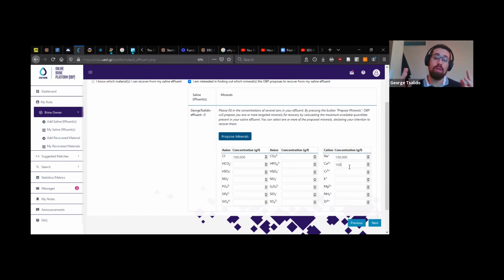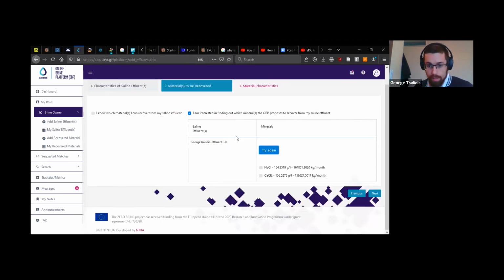Since I don't know what kind of minerals exist with a combination of those elements, I can ask the platform to tell me. Based on my monthly flow and the concentration of the elements, the platform is showing me the quantities in grams per liter and in kilograms per month.